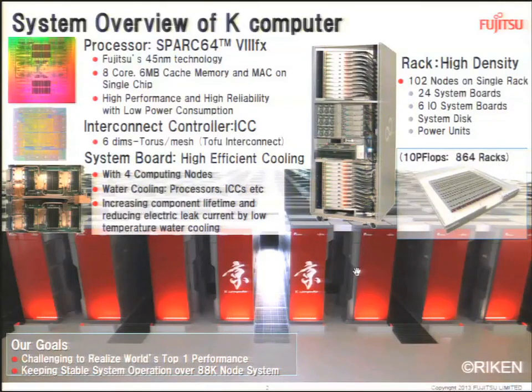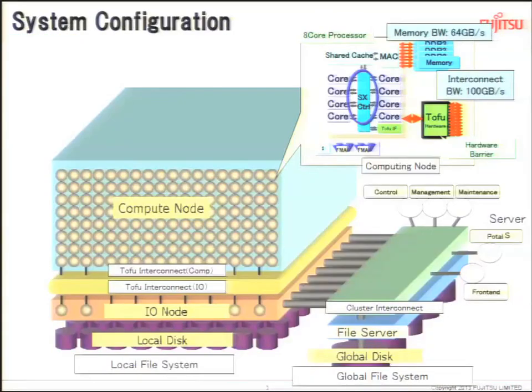In designing the K computer, our goal was the challenge of realizing the world's top performance system while keeping stable system operation over an 80,000-node system. So here's a system configuration. Today's talk is focusing on storage, so I'll talk about the storage components.